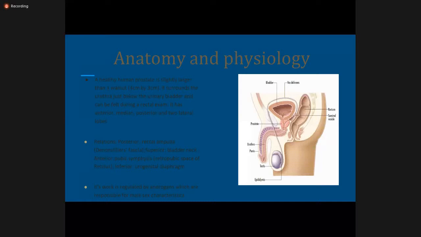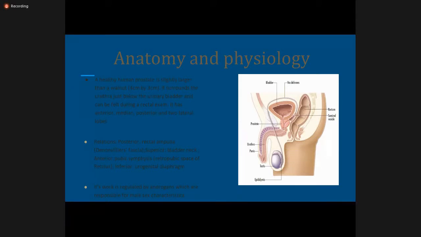So let's flash back to our first or second year MBBS, where we have certainly read about its anatomy and physiology. A healthy human prostate is slightly larger than a walnut.